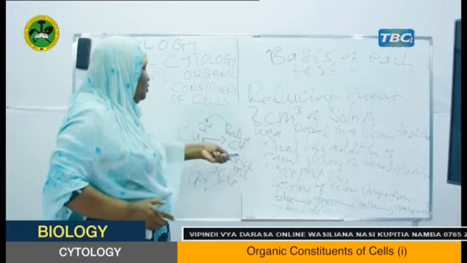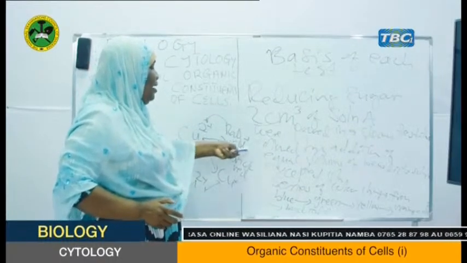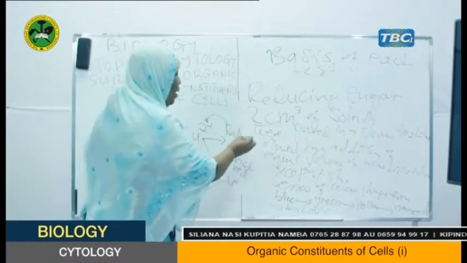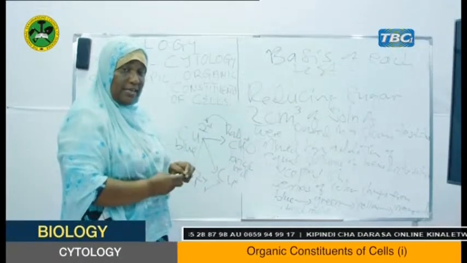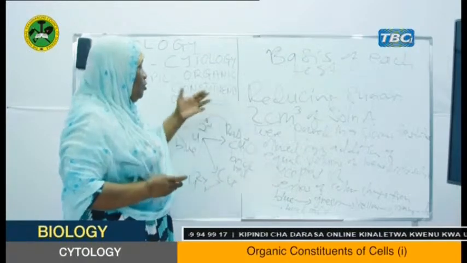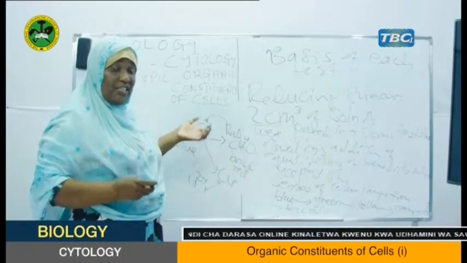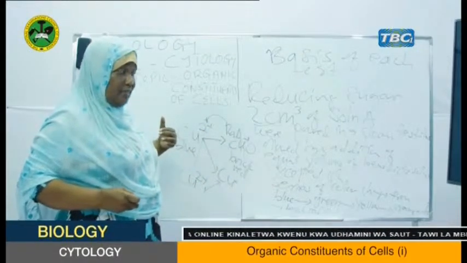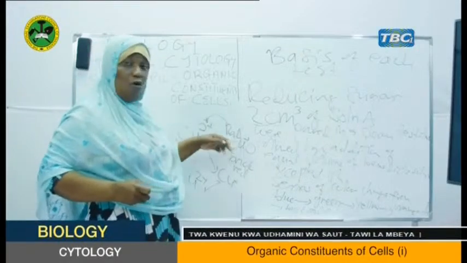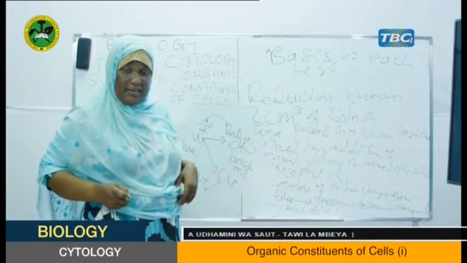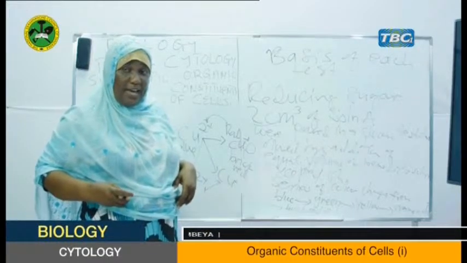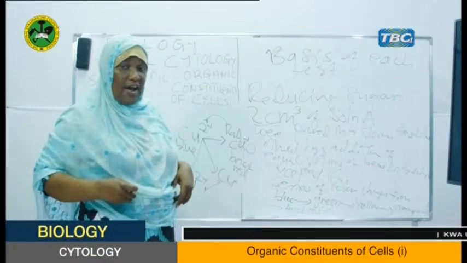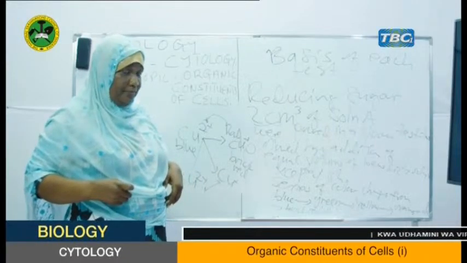But the copper 1 ion which is formed here is copper 1 oxide. It is copper 1 oxide. Therefore, copper 2 sulfate, which is found in Benedict solution, is reduced into copper 1 oxide. Clear? It is my hope that you have understood that concept.